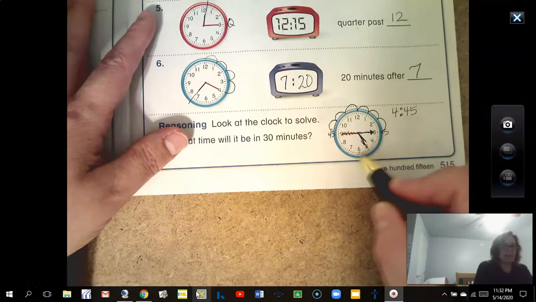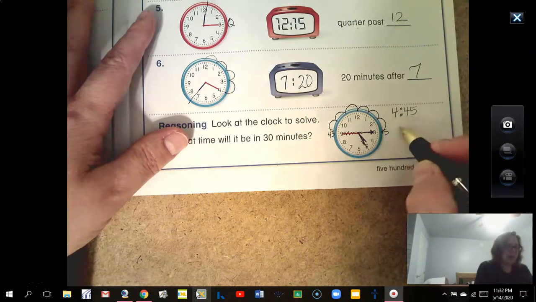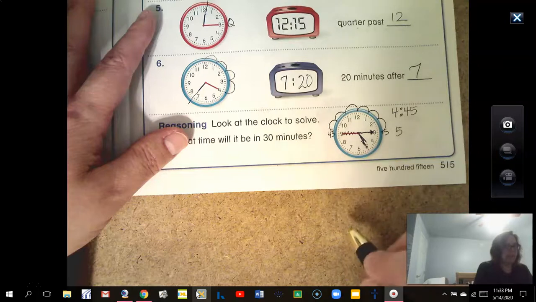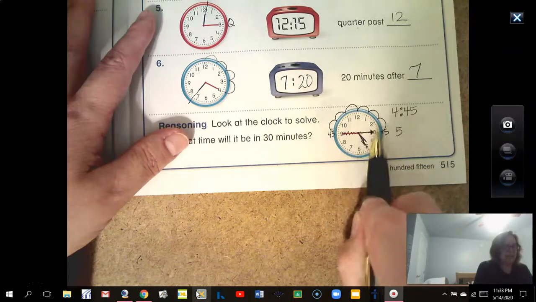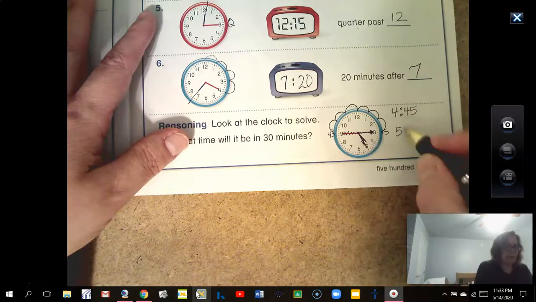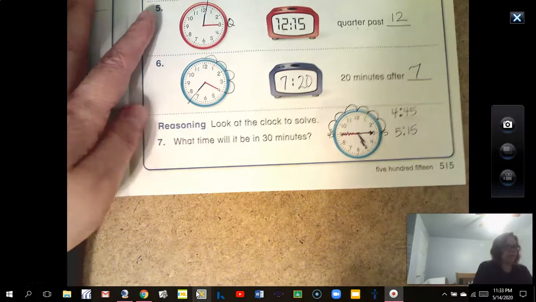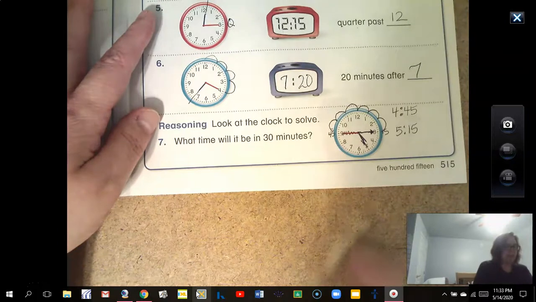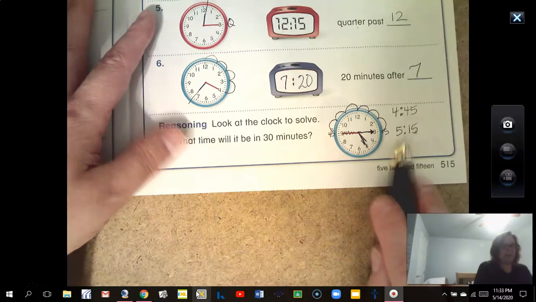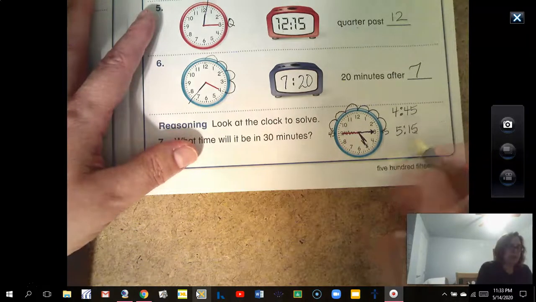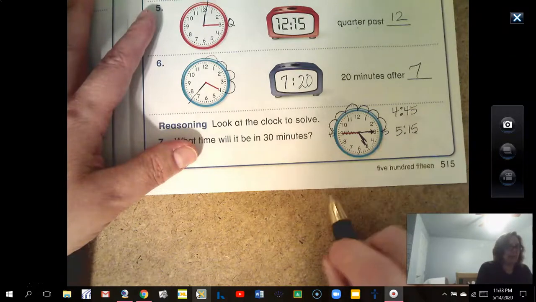Okay. So it's after the 5. So 5, sorry, I did that really messy. 5, and then the minute hand is at the 15 mark. So 5:15. Started at 4:45. 30 minutes later is 5:15. What time will it be in 30 minutes? 5:15.